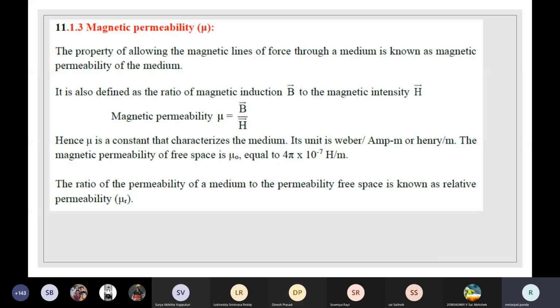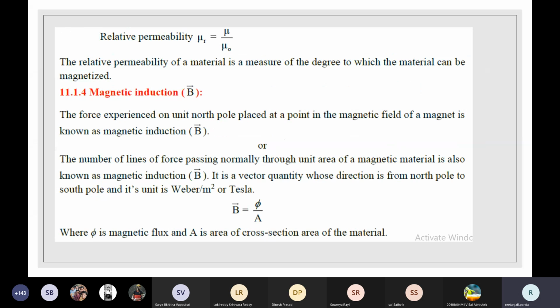Next comes magnetic induction. When you place a material in a magnetic field, the field experienced by the material is called magnetic induction. You have learned this in school and college also, so I am just telling this for an overall idea.